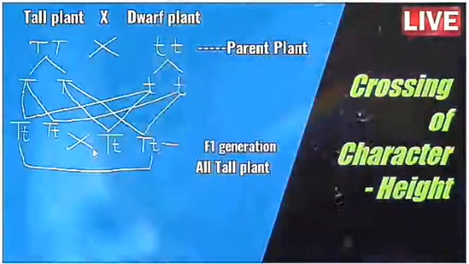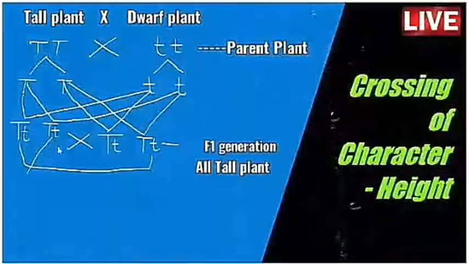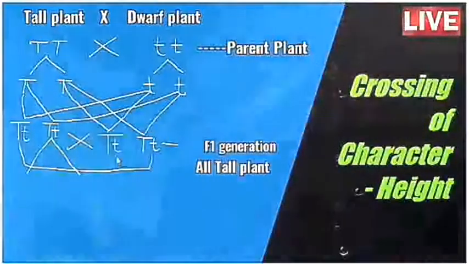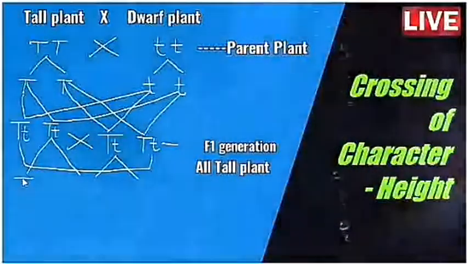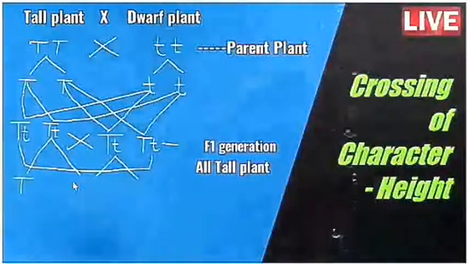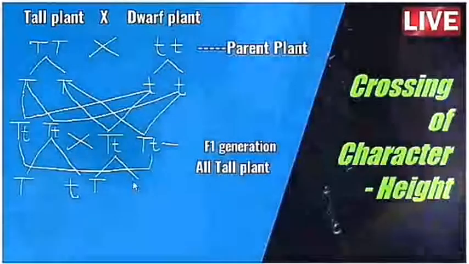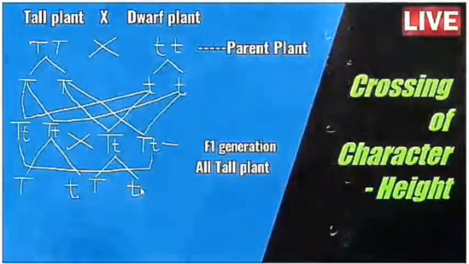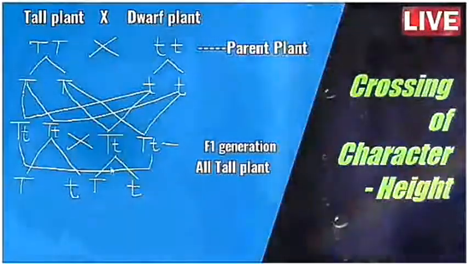So let's cross two plants from this F1 generation as we did in our first example and see if we obtain a similar result. So we cross this. After they separate into their individual allele, let's now cross it and see what we will get.